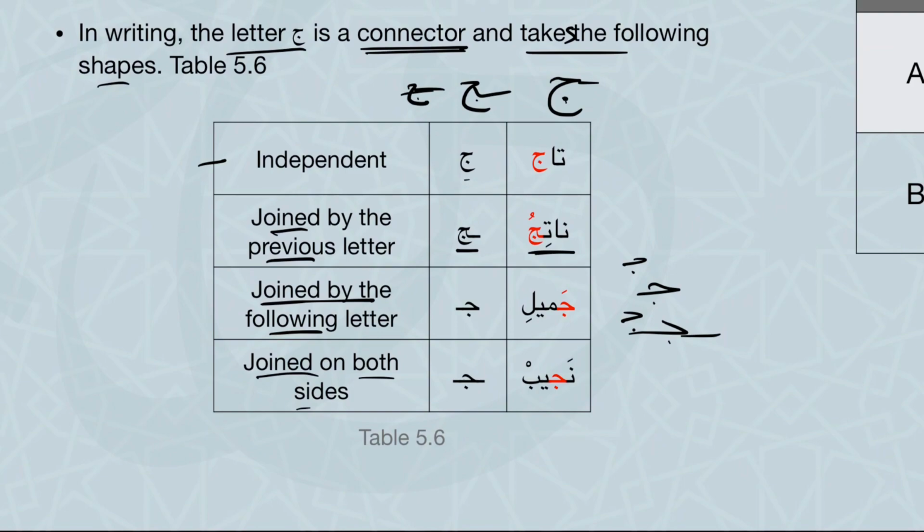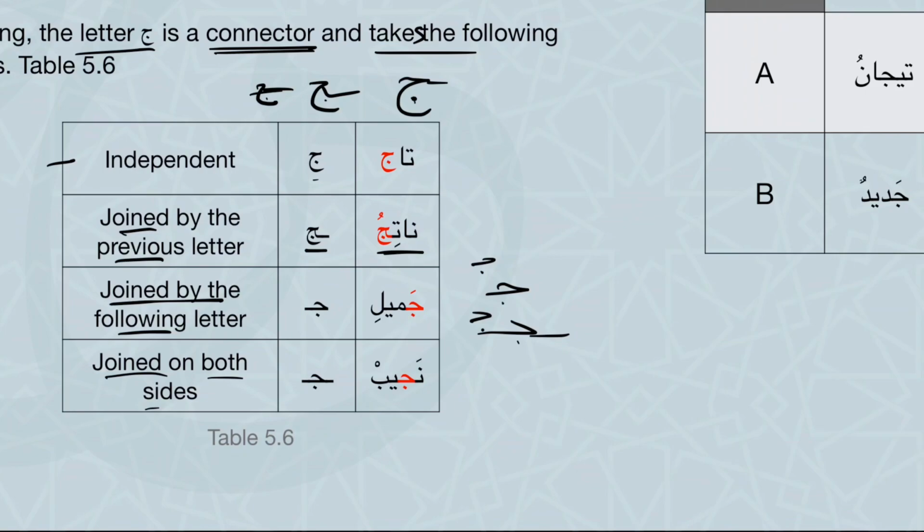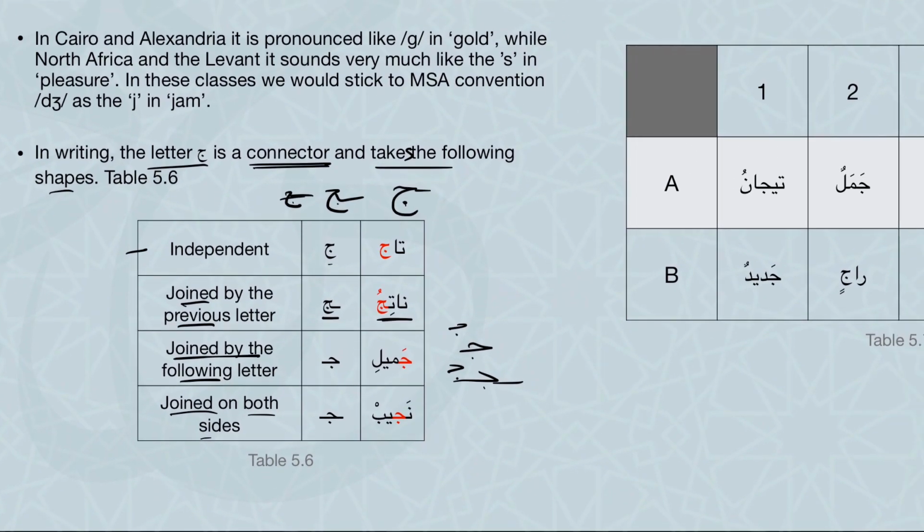Joined on both sides, the noon has a fatha, the jim has nothing but is followed by a ya, so it's a long vowel e. And the be has sukun, so it's najib. It's a very common Arab name, and it means someone who's bright in intellect, intellectual capabilities, not bright as in luminosity.